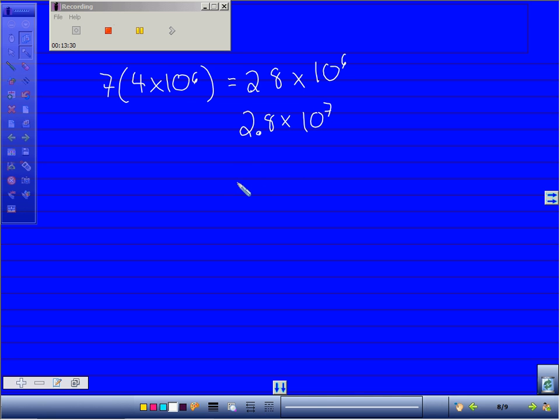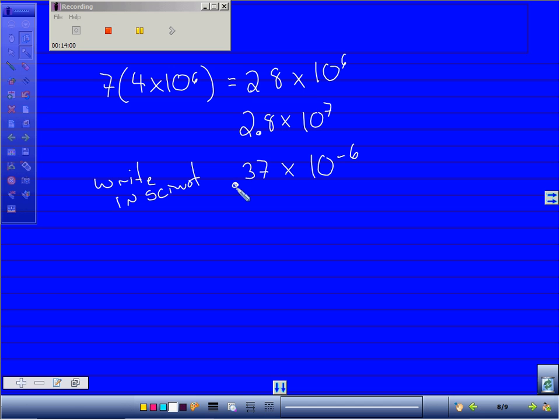Okay. What if I had, it gets a little tricky, 0.37 times 10 to the negative 6th, and I say write in scientific notation. This is where people get a little bit confused. What would go in front up here? What do I have to change this into?